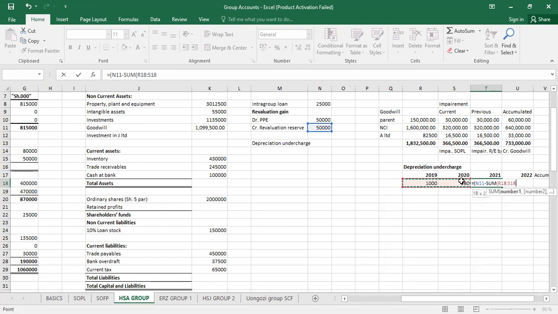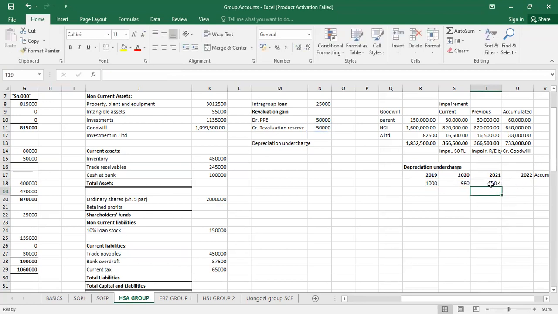I select the two numbers, and I come here, you see R18, the first one. I press F4 to lock only the first one. The second one I want to move. I close the bracket of SUM, then close the bracket. Then I multiply by 0.02, Enter. Then for the last one, I'll just drag.